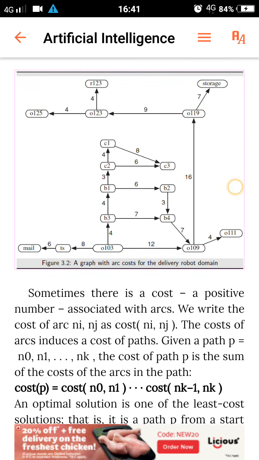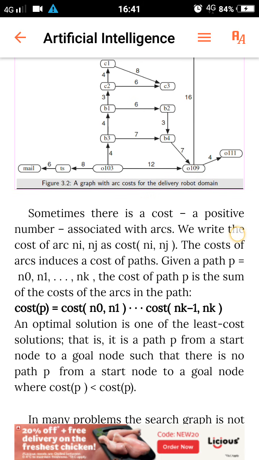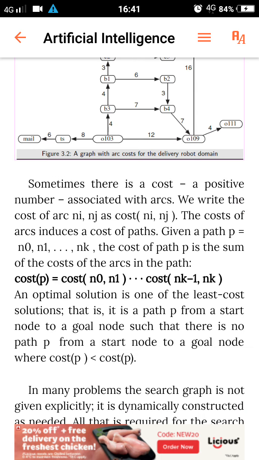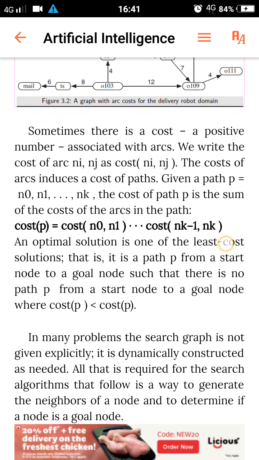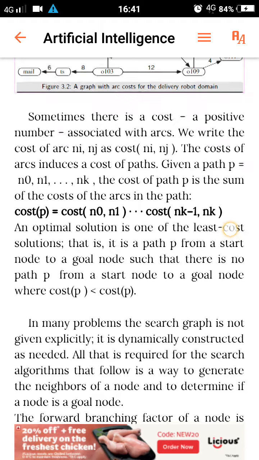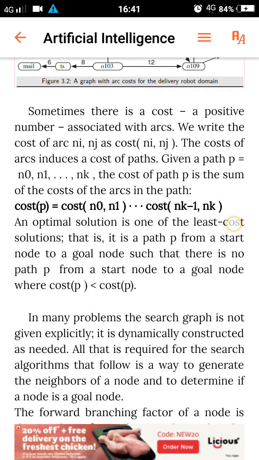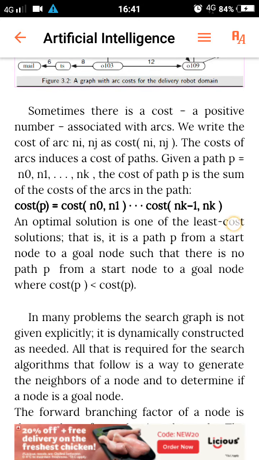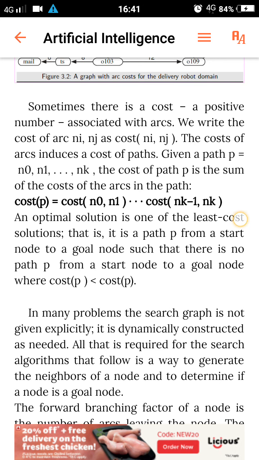You can see the diagram. That is figure 3.2, a graph with arc costs for the delivery robot domain. Sometimes there is a cost, a positive number, associated with arcs. We write the cost of arc ni nj as cost(ni, nj). The costs of arcs induce a cost of paths.